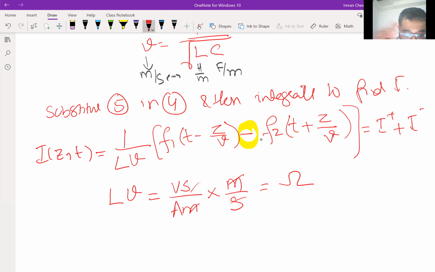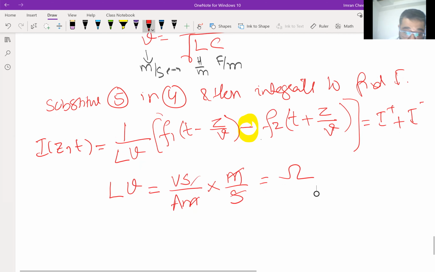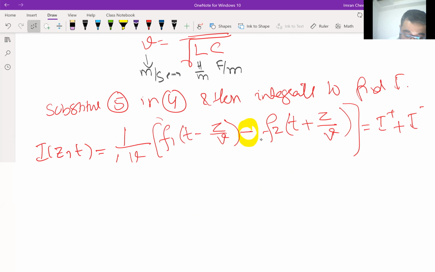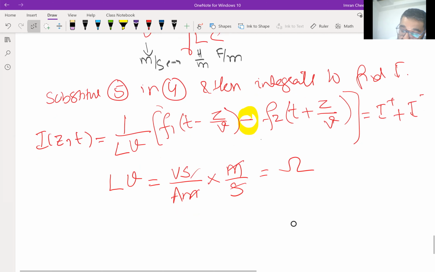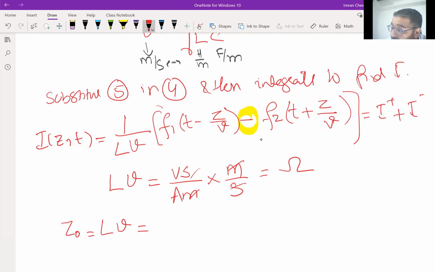You can see this from your circuits or from basic physics, that I is equal to kind of V over R. So here in transmission lines, we call this Z naught, a special symbol reserved for it. LV is equal to Z naught, and we call it the characteristic impedance.